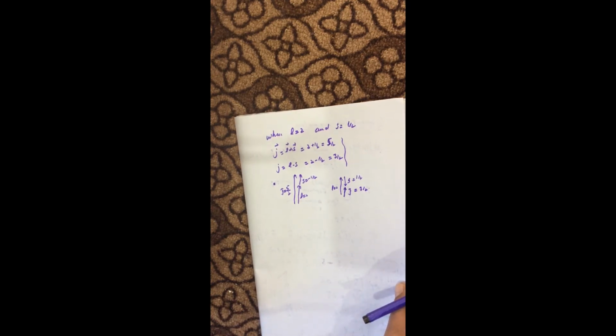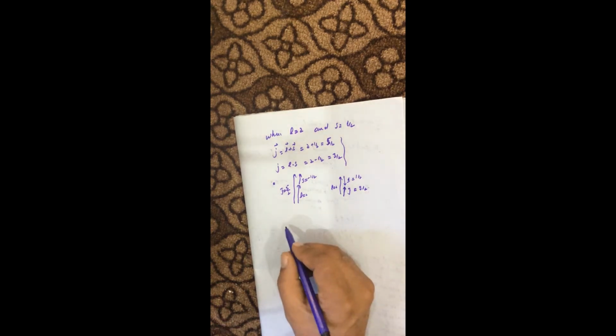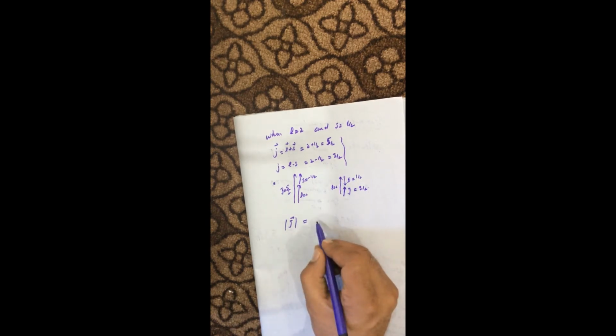This was the classical explanation of total angular momentum. Now, from wave mechanics, the magnitude of total angular momentum J is equal to the square root of J into J plus 1, times h bar.